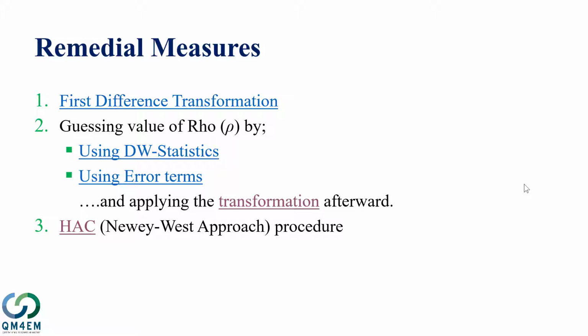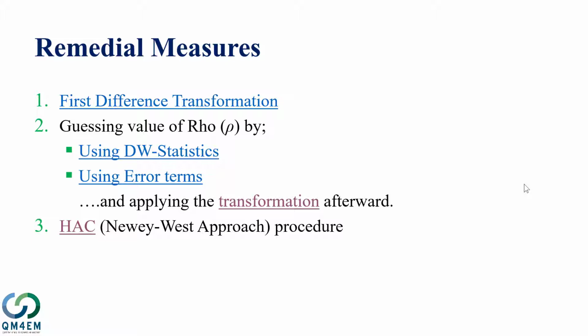In either case we get the rho value, and this rho value can then be used to transform the original model and solve the problem of autocorrelation. Finally, we saw HAC, a direct method of obtaining standard errors adjusted for the autocorrelation problem. So that concludes the discussion of the remedial measures.